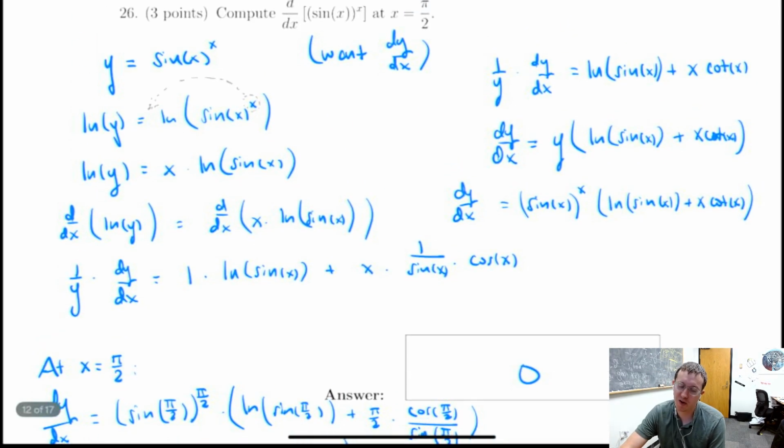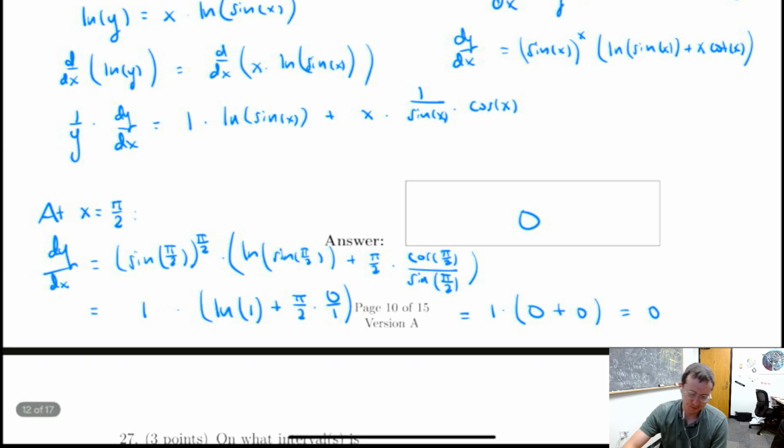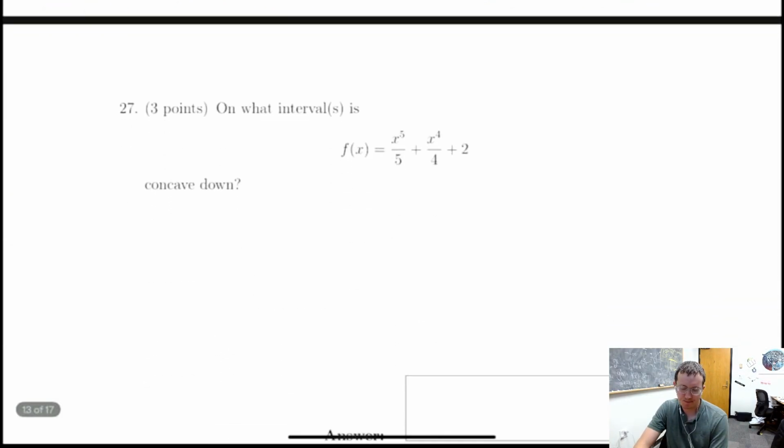Out of 3 points, taking off a whole point would feel a little bit harsh. I definitely recommend simplifying this. We want to see that you know how to evaluate sine and cosine at these important angles like pi over 2. But I would say there's a decent chance that we'd still give you the 3 out of 3 if everything else was good. No promises, though.